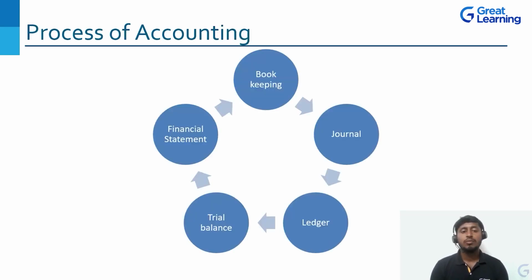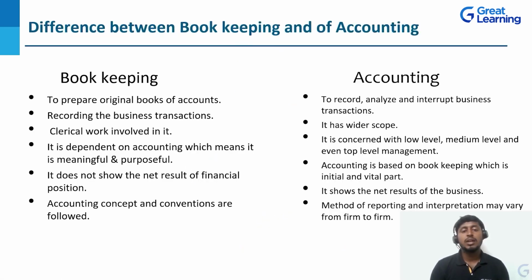We have discussed the process of accounting, that is bookkeeping, journal entry, ledger account, trial balance, and financial statement. So this is the flow. In this flow only, we are going to follow our financial statement. We have discussed the difference between bookkeeping and accounting. So what is bookkeeping and what is accounting? That is also we have discussed.